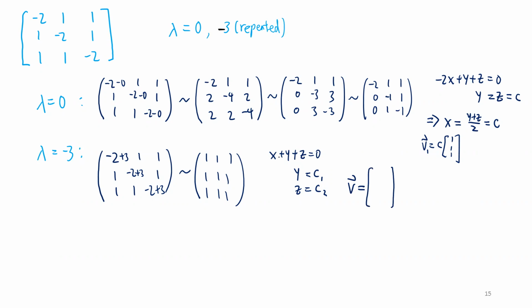What is x? x is minus y minus z, so this is minus c1 minus c2. So y is c1, and z is c2. So you can see that I can write it as a linear combination of 2 vectors, so I can write it in this form.